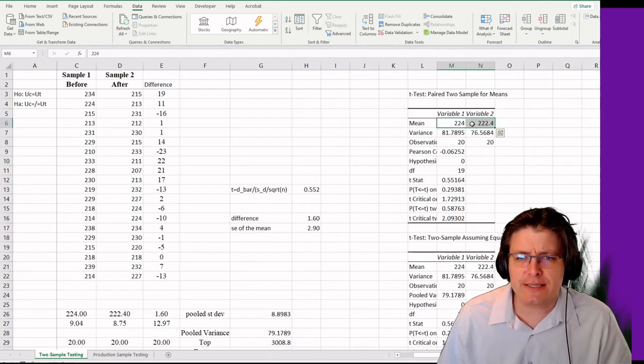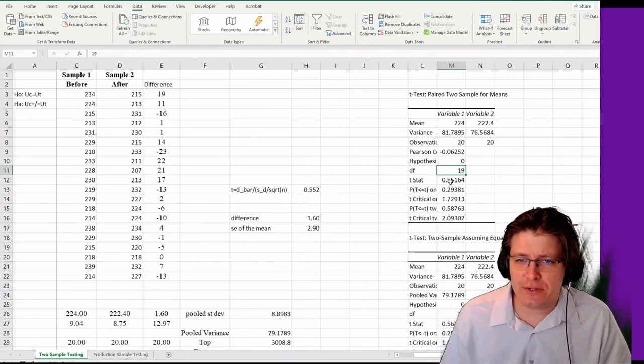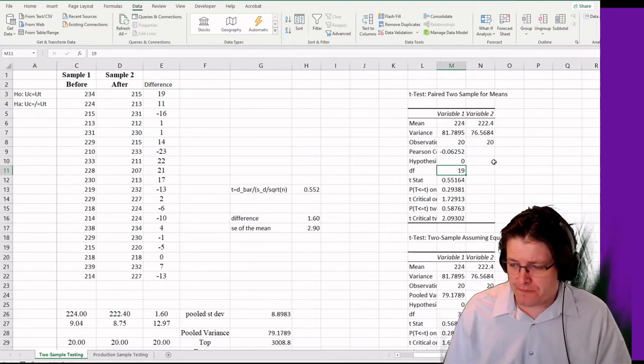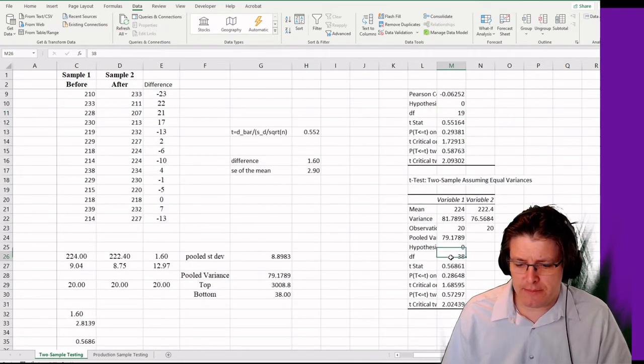So here's the means. The variances still coming with observations. Notice degrees of freedom is that 19. So we didn't go back to the t table, but that's a different cutoff. So it's a little bit larger of a cutoff than we had with our pooled version down here.